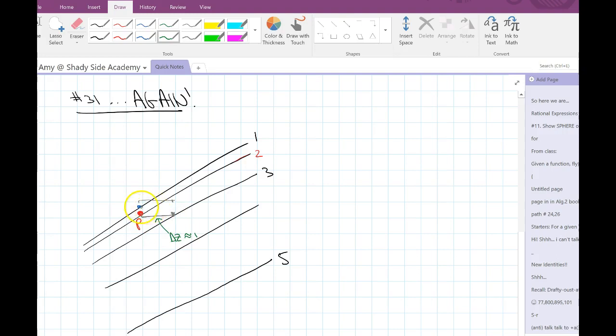But from this point in blue, over that same change, z went from 1 to, let's say, 2.25. The change in z here was 2.25. So I can see that the change in z as a function of x increases as I look in the y direction.